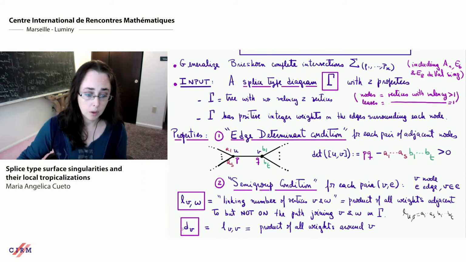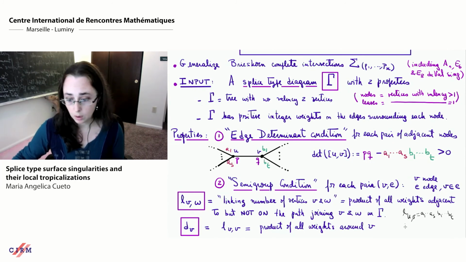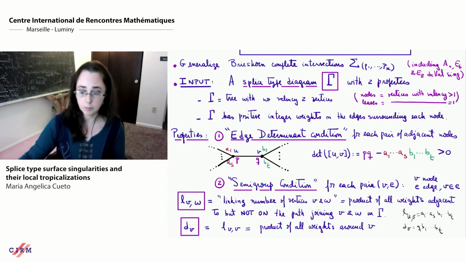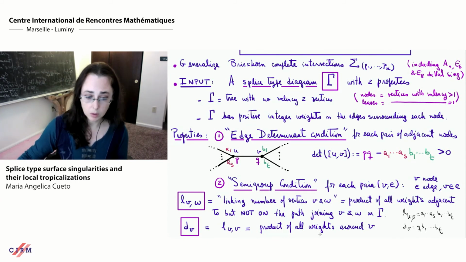Then I define the quantity d_V, which I can think of as the linking number of the vertex V with itself. That's just the product of all weights around V. In my example here, d_V is going to be Q times V1 all the way up to V_t.